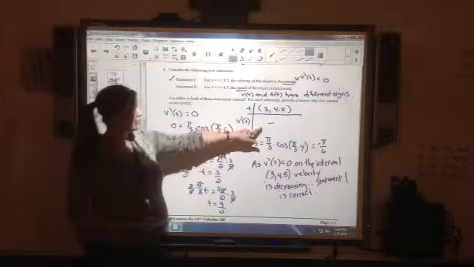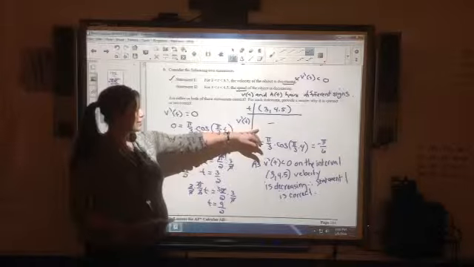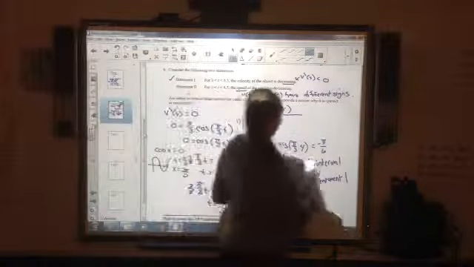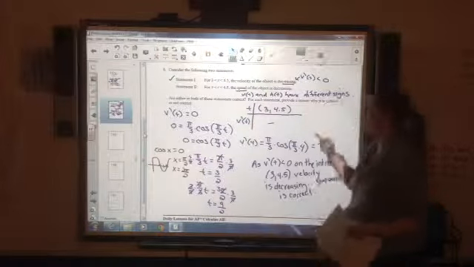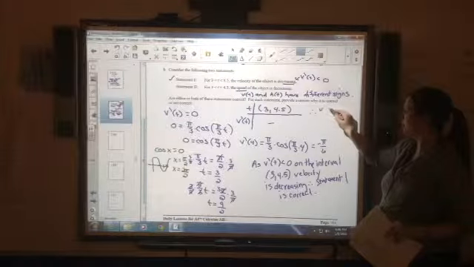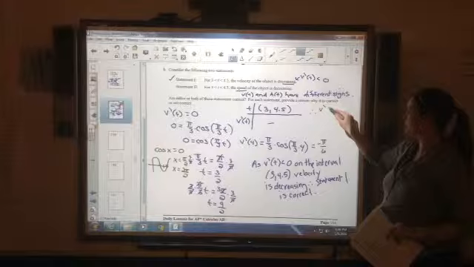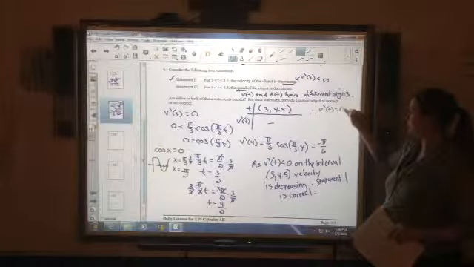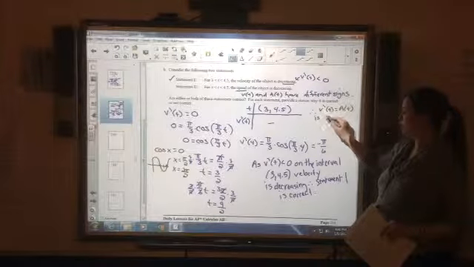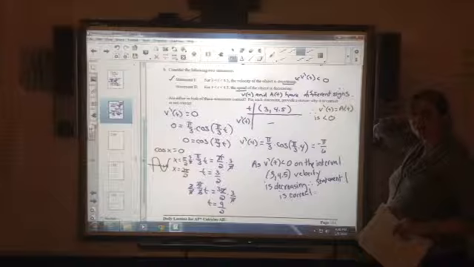I already know v prime of t is always negative. V prime of t is the same thing as a of t. So I can say v prime of t equals a of t is less than 0. That's a terrible way to write that, but I'm running out of room. Is less than 0.